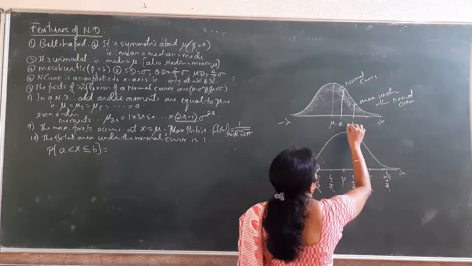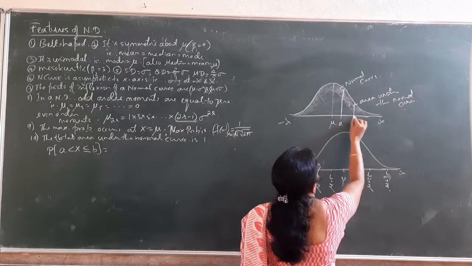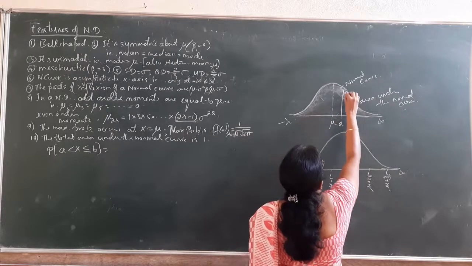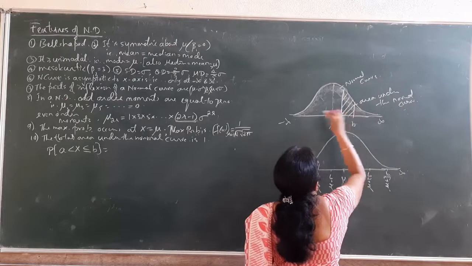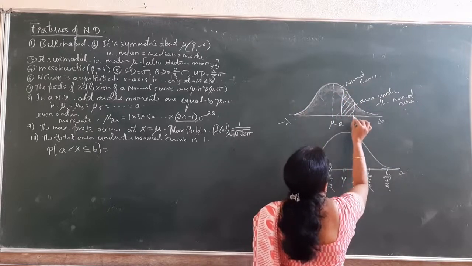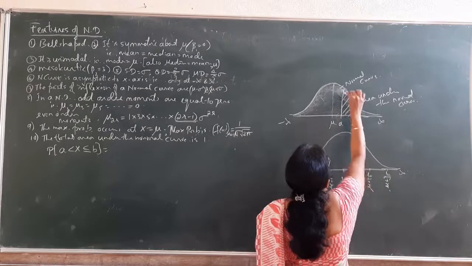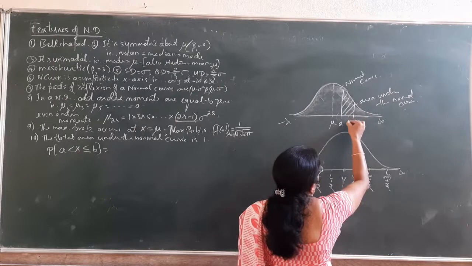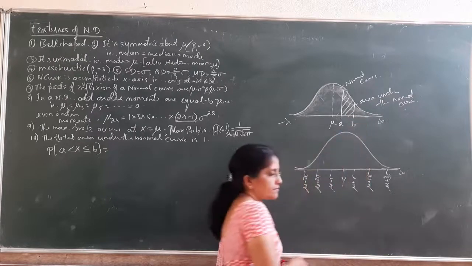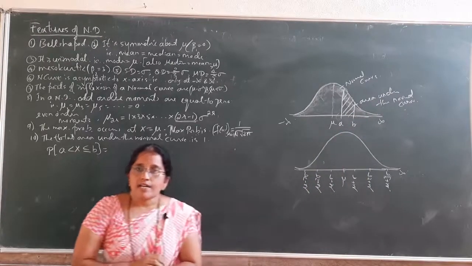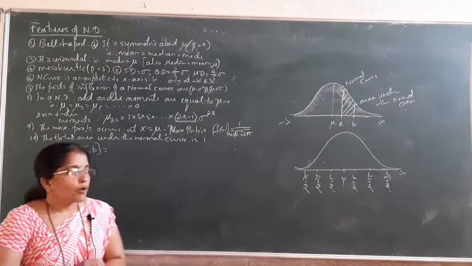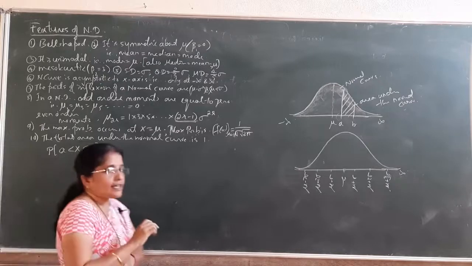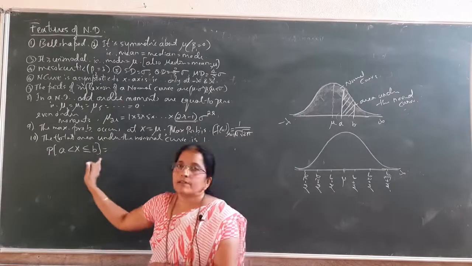Now, the probability that x lies between these two values is nothing but the area under the normal curve between the two values A and B. That is, the shaded area represents the probability of a normal variate x lies between A and B.